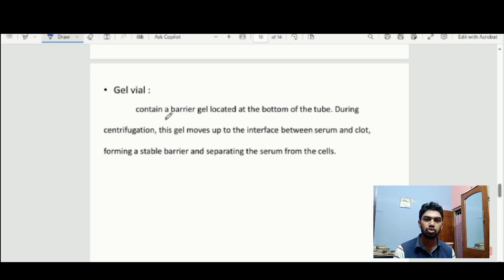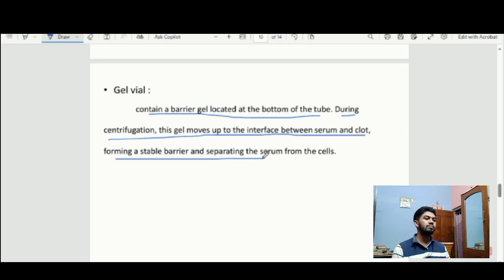The gel vial contains a gel at the bottom of the tube. When we centrifuge it, the gel helps in properly separating the serum from the packed cell. During centrifugation, this gel moves up to the interface between the serum and clot, forming a stable barrier and separating the serum from the cells.